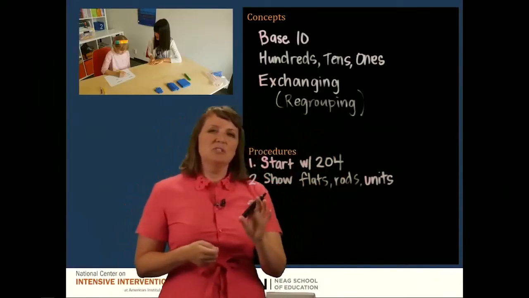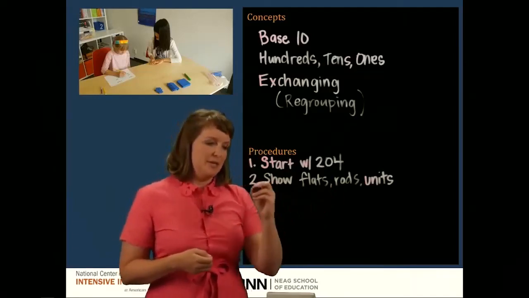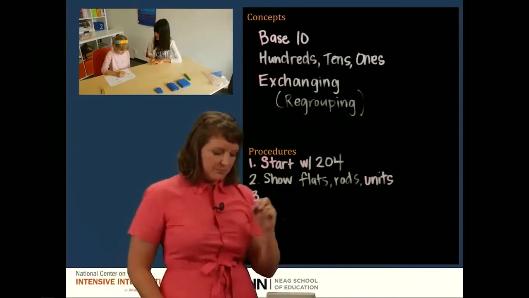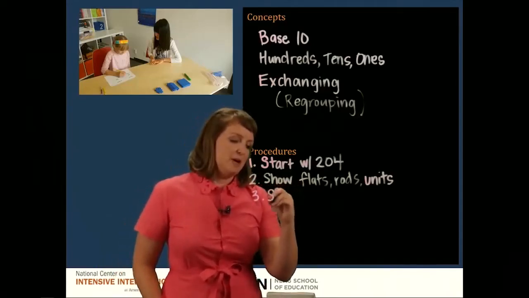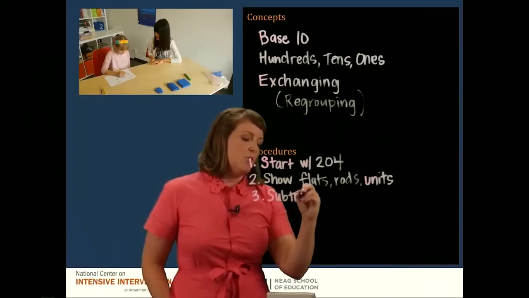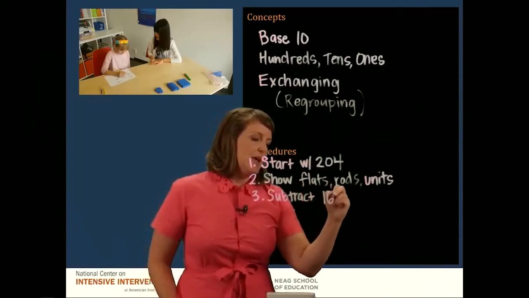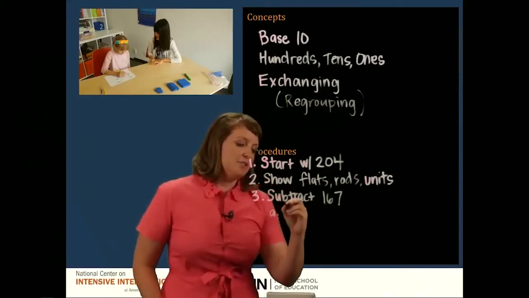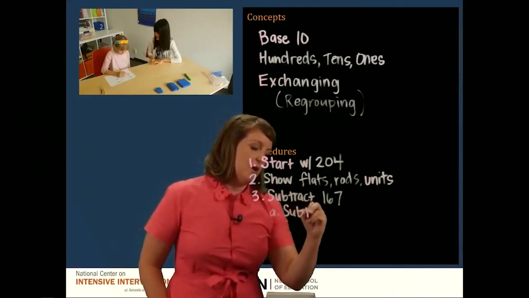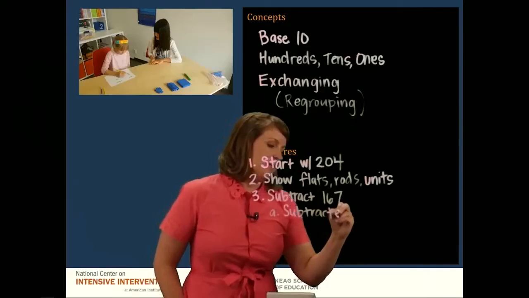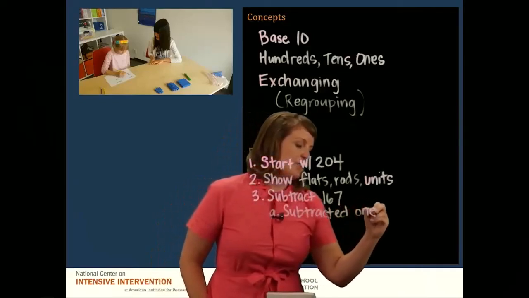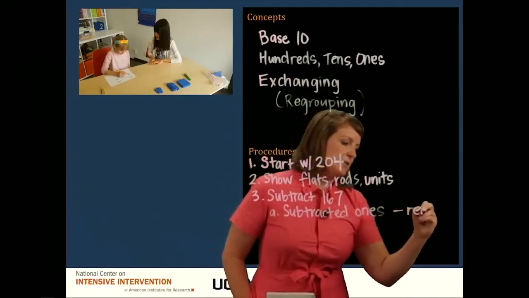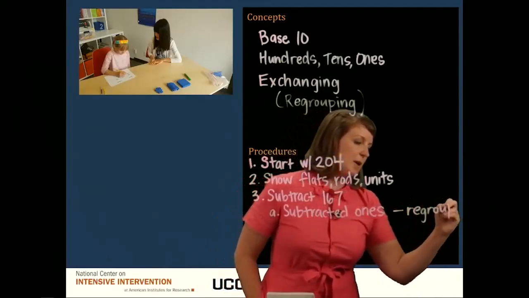So then she did the procedure of showing these, and then they did the subtraction. So then, well, wait a minute. Yes, so then she talked about that they need to subtract 167. And the procedure of what did that entail, kind of put that down here, is first they subtracted the ones. And this is where there was a regrouping. So that's always good to check if you have to do that.